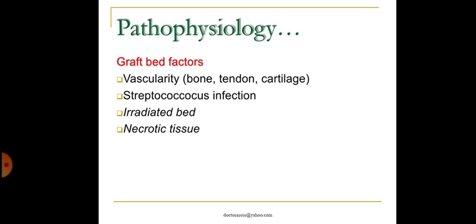Then if there is necrotic tissue, that means the area should be clean and vascularized before applying the graft. Necrotic tissue should not be there. If necrotic tissue is there, it will adversely affect the graft take.